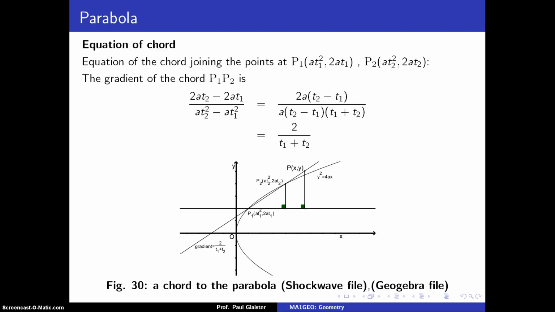So in this case I've shown the parabola, and I've taken two points on the parabola, P1 and P2, and I've labelled them parametrically with coordinates at1 squared, 2at1, and similarly for P2. You could equally use T and U or P and Q, which we will probably do later on.